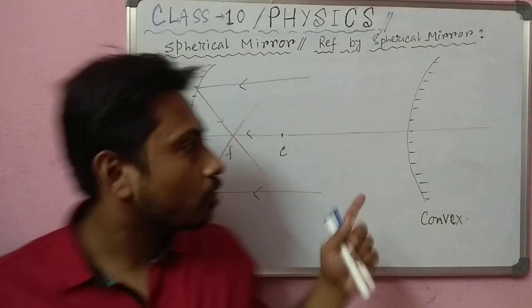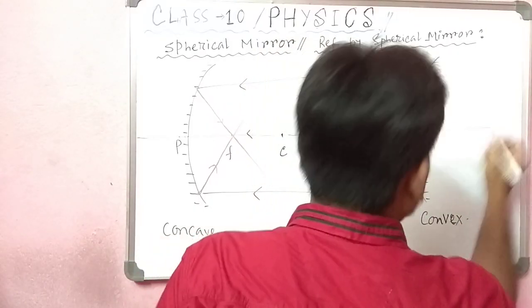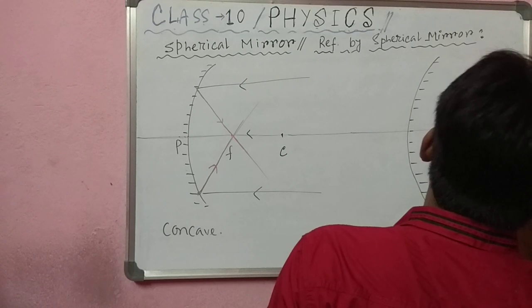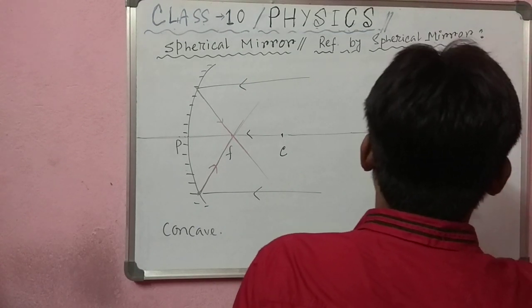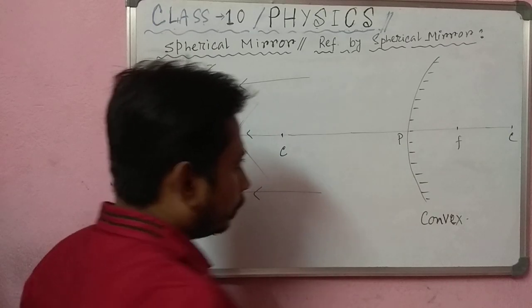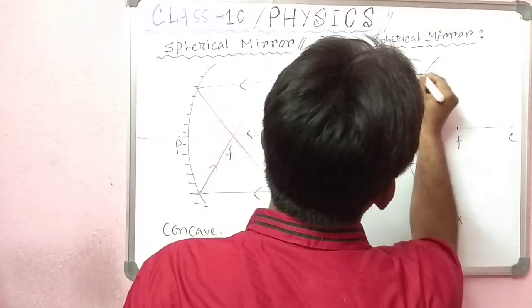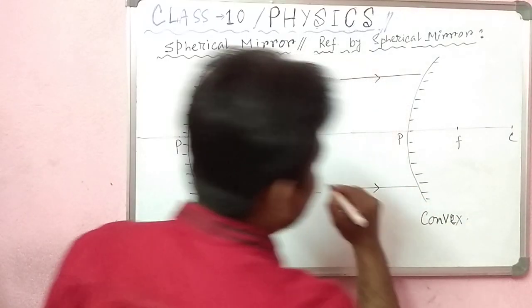Students, for convex also, think this is the radius, this is the center of curvature, this is the focus, and this is the pole. Suppose the rays of light are parallel to the principal axis, like this. Another ray parallel to the principal axis.